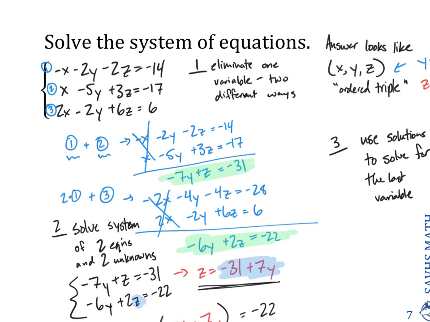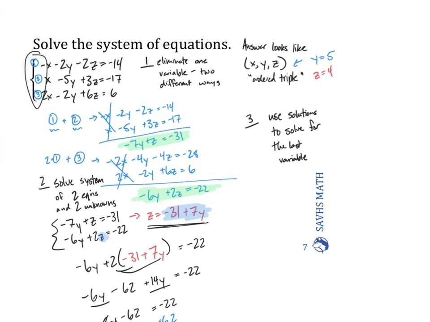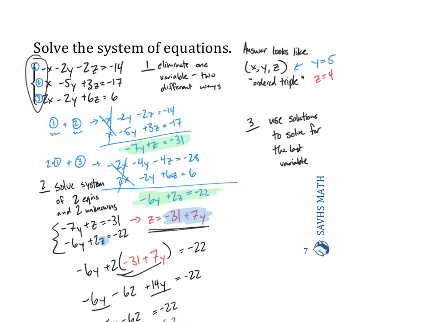Just make sure you use one of the first original 3. So let's take the first one, because what the heck, why not? So negative x minus 2, but I'm not going to write y, I'm going to write 5. Minus 2, but I'm not going to write z, I'm going to write 4. And then I get is equal to negative 14.